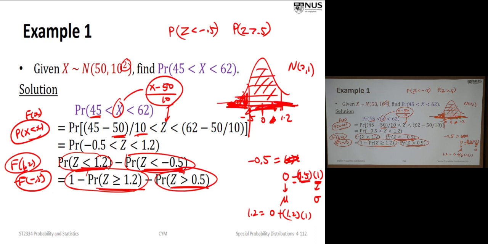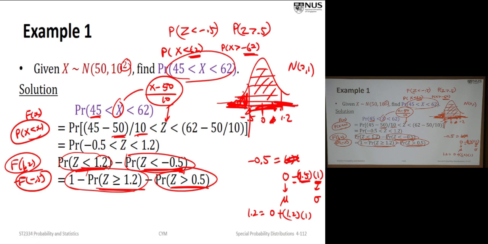It is 0. For this one, don't write down that the probability of X less than 62 is the same as the probability of X greater than 62, because X does not have a center at 0, so you cannot convert it.